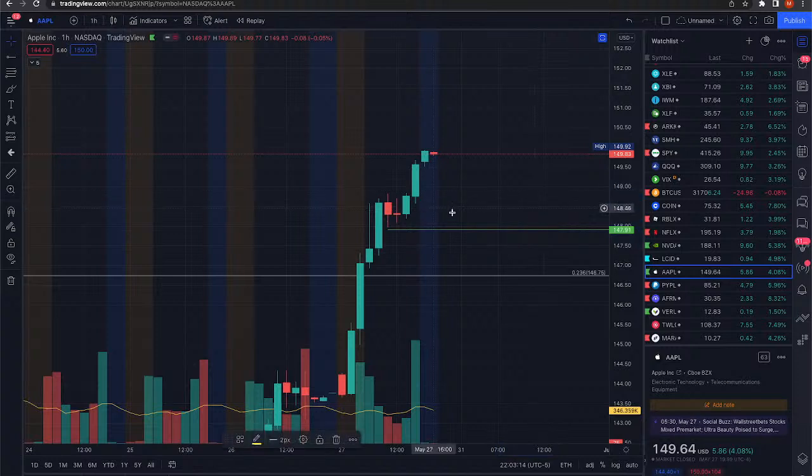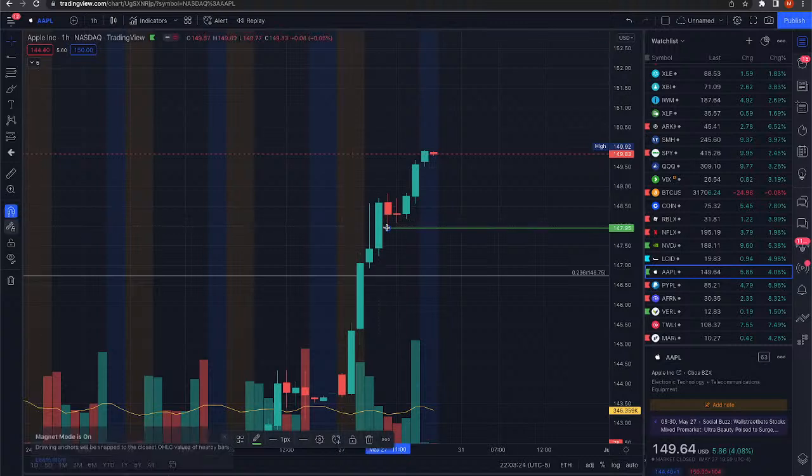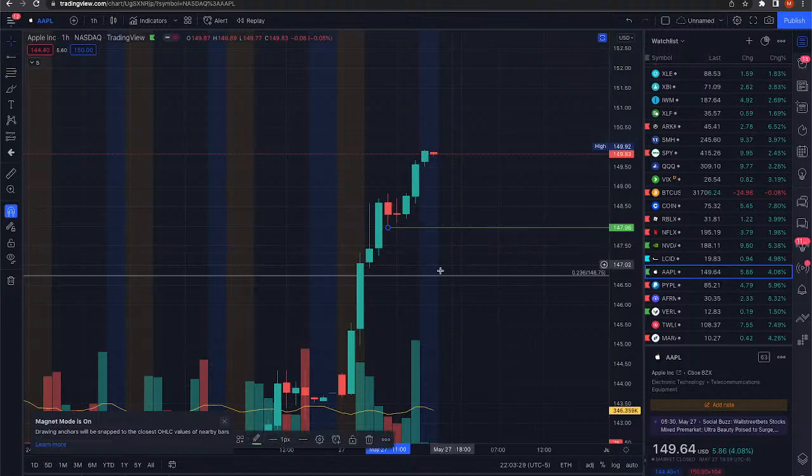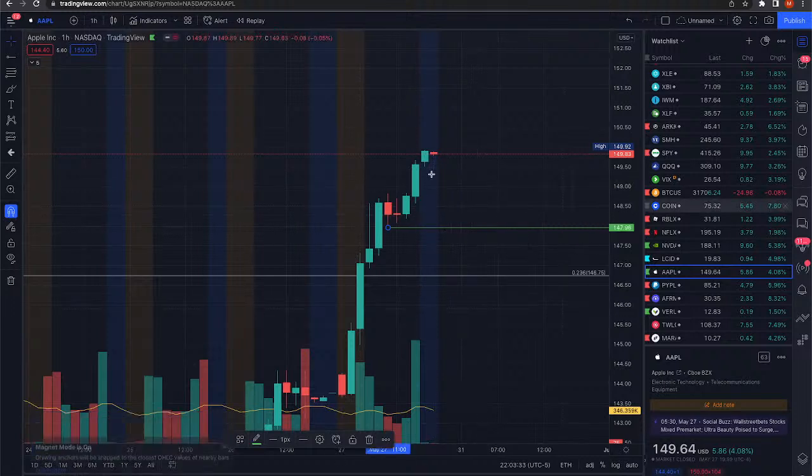So that's what I'm looking at for Apple. It has to stay over 148. If it breaks 148, then we're starting bearishness, right? But I think this is going to open up maybe around 150. We'll wait for a little pullback or a bull flag to get in.